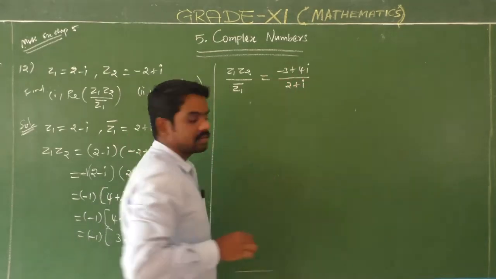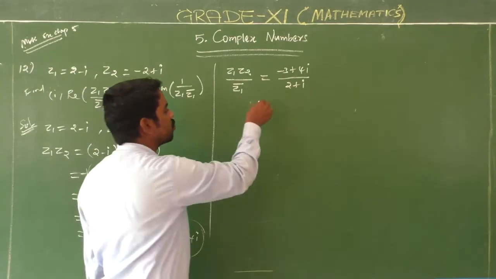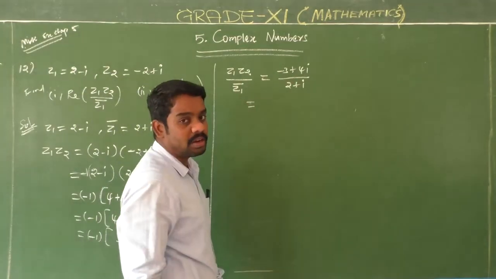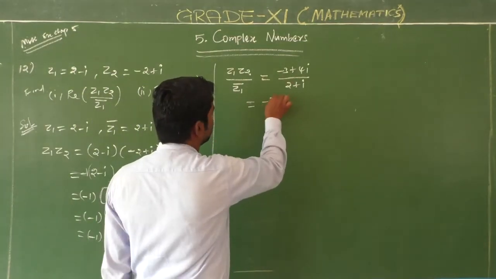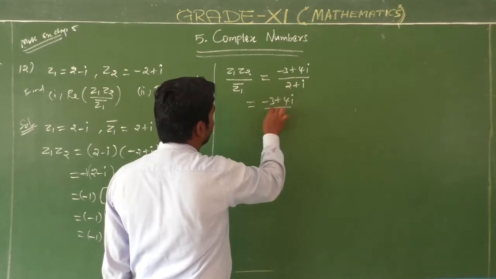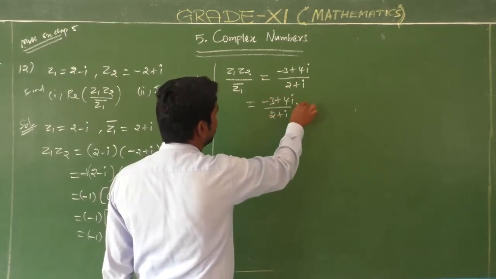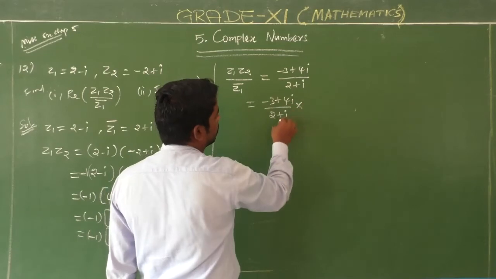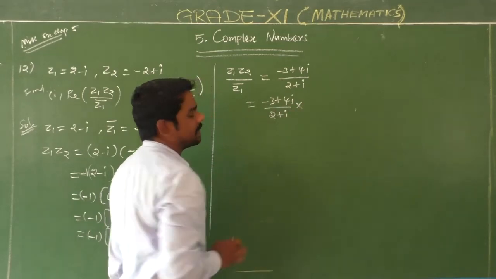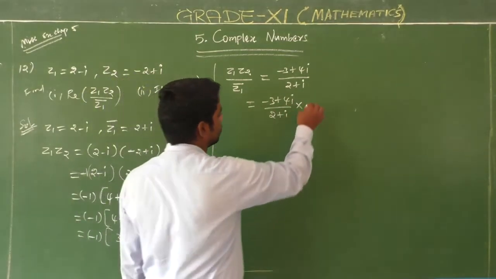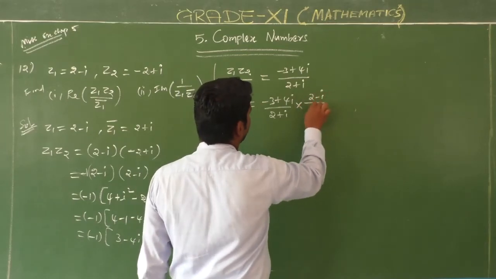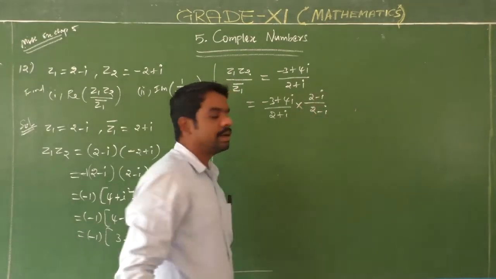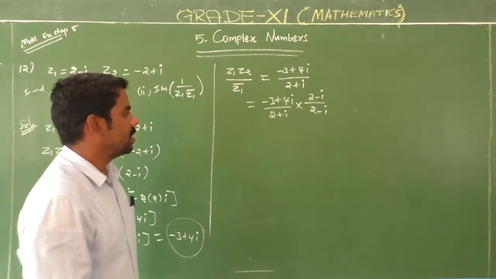This is a division of two complex numbers. So minus 3 plus 4i divided by 2 plus i, into the conjugate of 2 plus i, which is 2 minus i divided by 2 minus i.